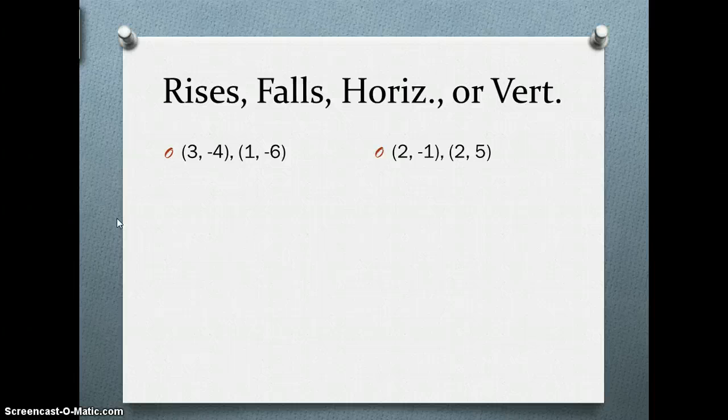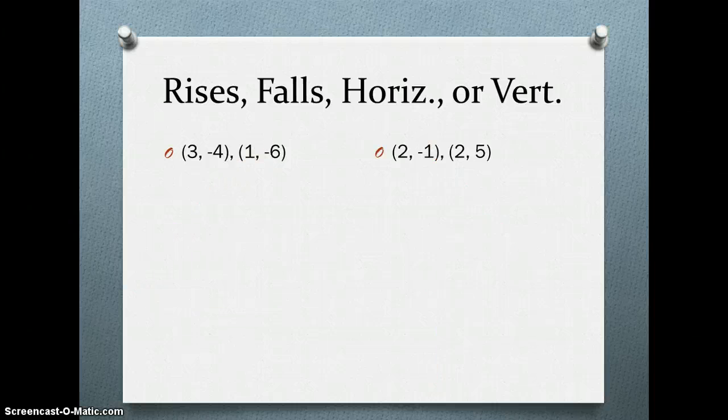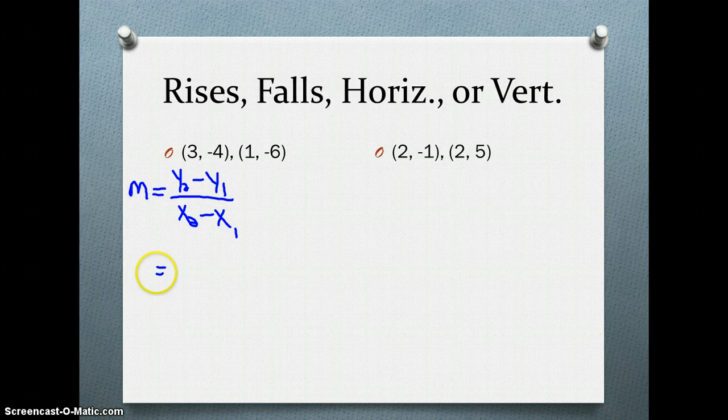So let's take a couple examples here, and then we're going to state whether they rise, fall, if they're horizontal or if they're vertical. Okay, so if we use our formula, m is equal to y2 minus y1 all over x2 minus x1. Let's label x1, y1, x2, y2. y2 is -6 minus -4 all over 1 minus 3.